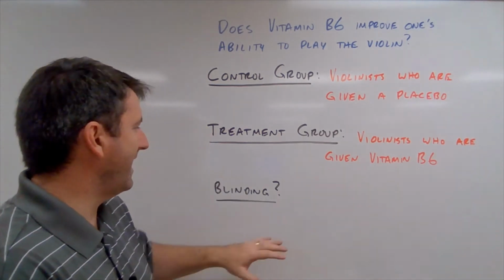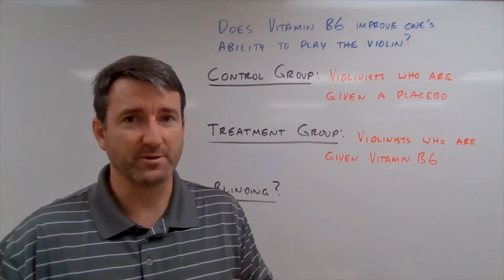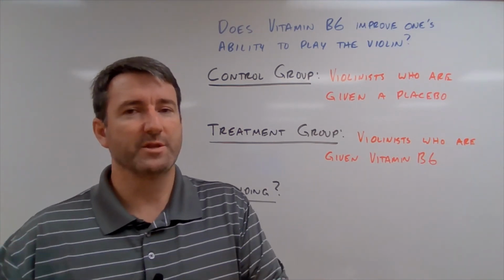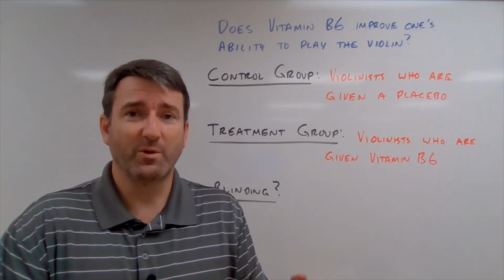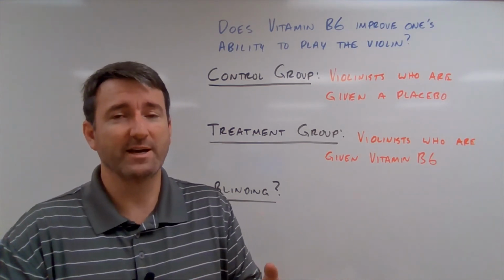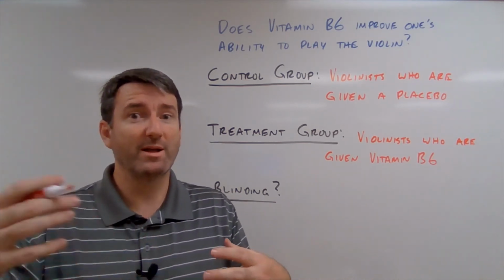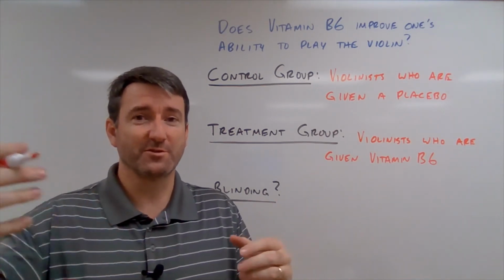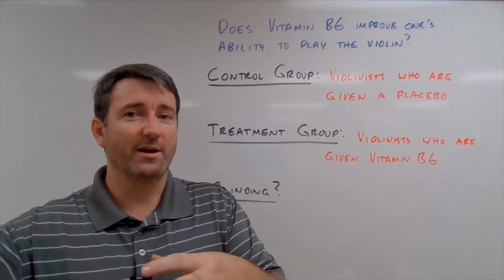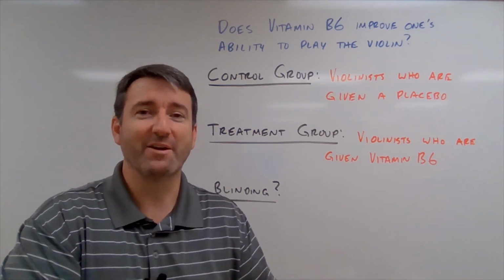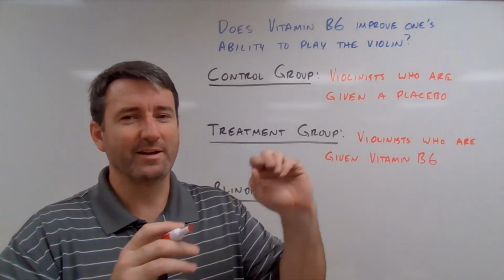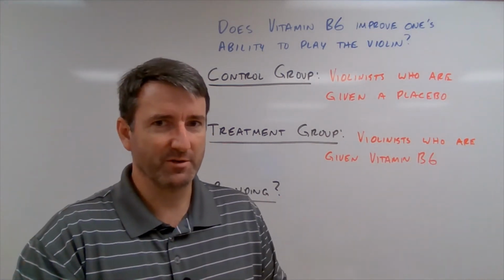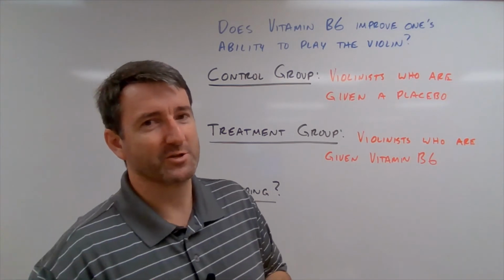control group. Now, would we want the experimenters or the researchers to know who's in the treatment group and who's in the control group? I don't think we would want that either, because how well someone plays the violin is subjective. And so if the researchers are judging who played the violin better, they may unconsciously see some improvements in the treatment group that they don't see in the control group.